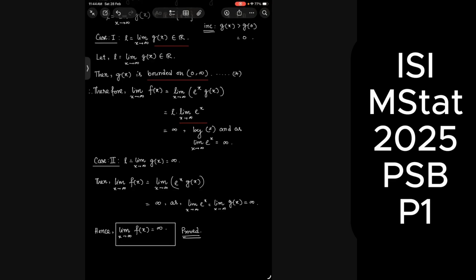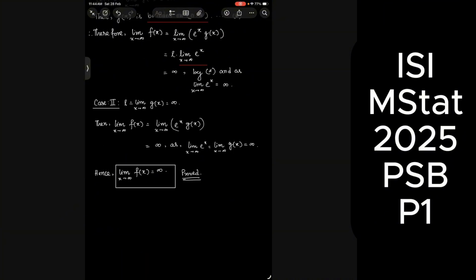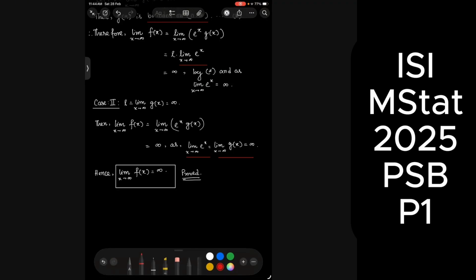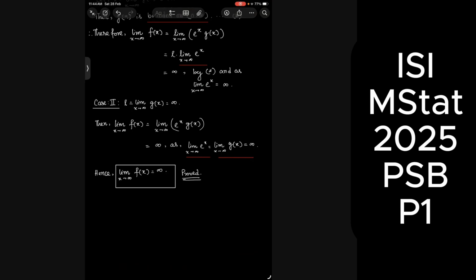So for case 1, it is infinity. And if g x also tends to infinity, then it will always be infinity, because e to the power x tends to infinity and g x will also tend to infinity, so the limit will be infinity only. Have you understood this?